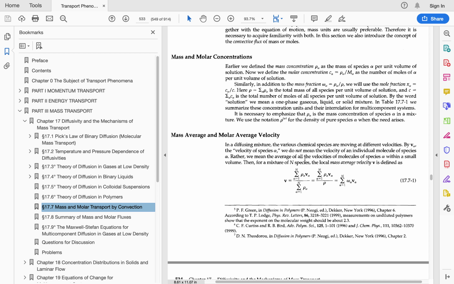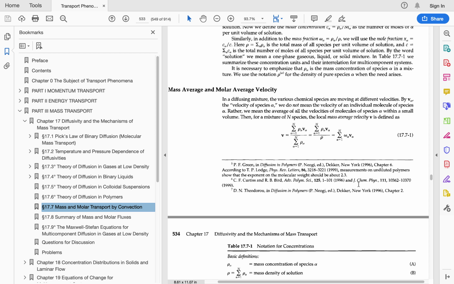For a mixture of n species, the total mass average velocity, which we call v, is equal to the summation from alpha equals 1 to n of rho_alpha v_alpha divided by the summation of rho_alpha. So it is actually the summation from alpha equals 1 to n of the mass fraction of alpha multiplied by the velocity of alpha in vector.